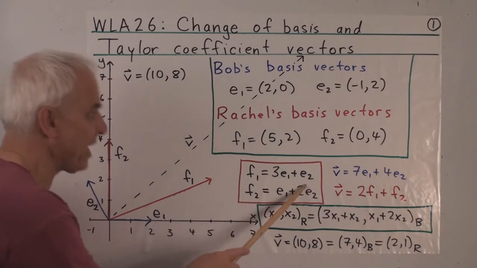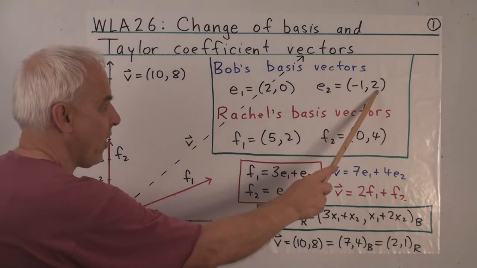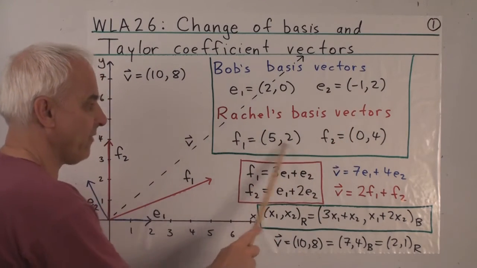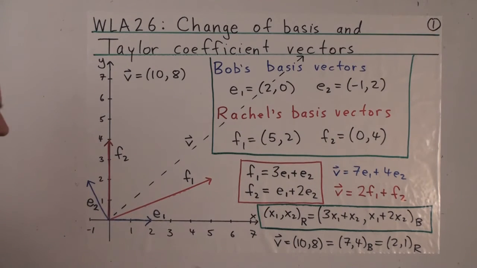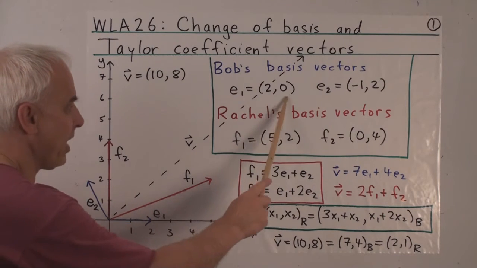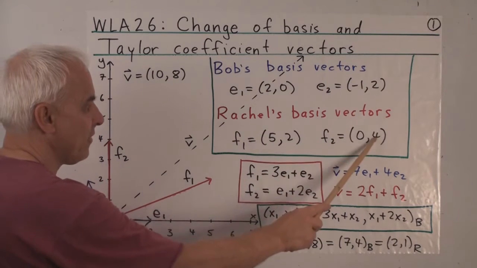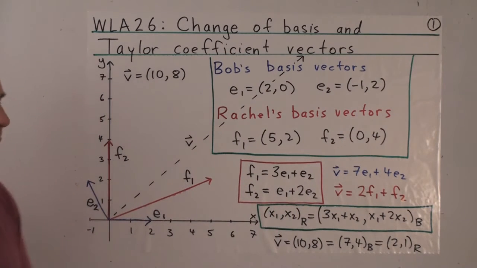Or algebraically, 3 times this one plus this one will give us (5, 2). Similarly, F2 can be expressed as E1 plus 2 times E2. There would be 1, and there would be 2. Algebraically, if we take E1 and add 2 times this, then we get (0, 4), which is F2.